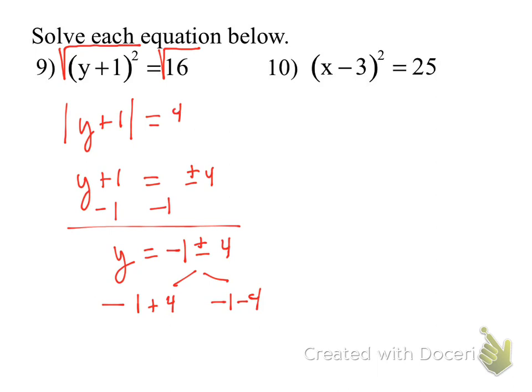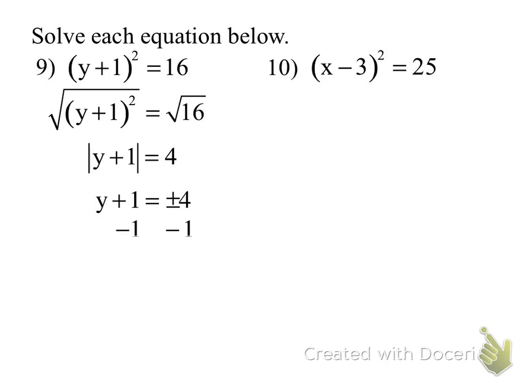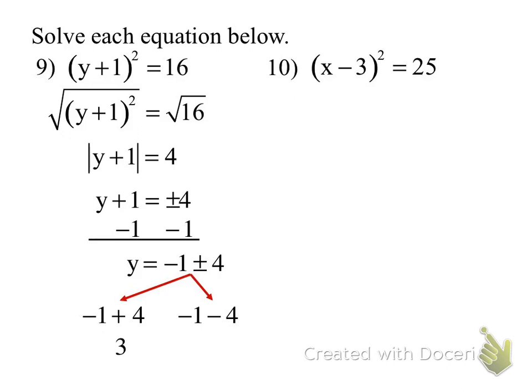So the first one is 3, so y equals 3, or negative 5. I did it just like that. Okay, questions? In your answer column, you're saying y equals 3 or negative 5.